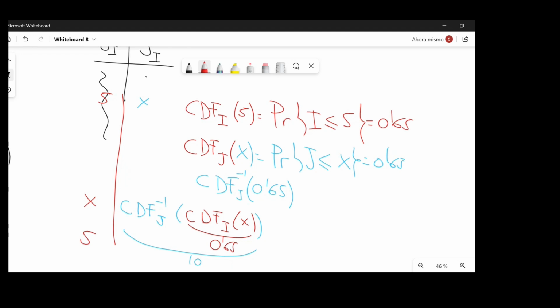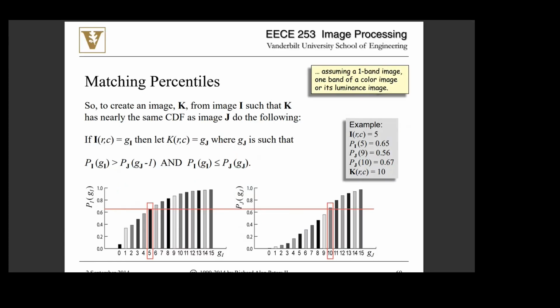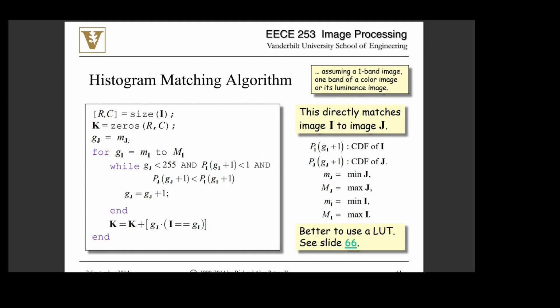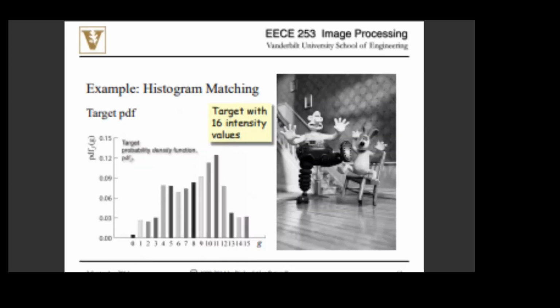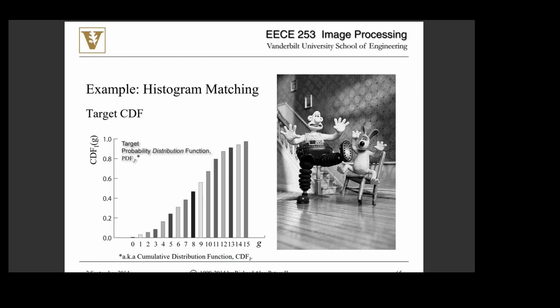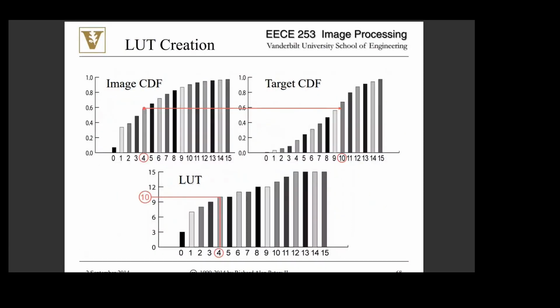Okay, so once you find these correspondences, for every value in the input image, this is what I want to get. This is J, and this is my lookup table.